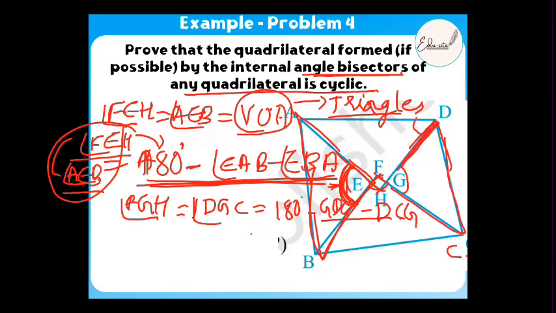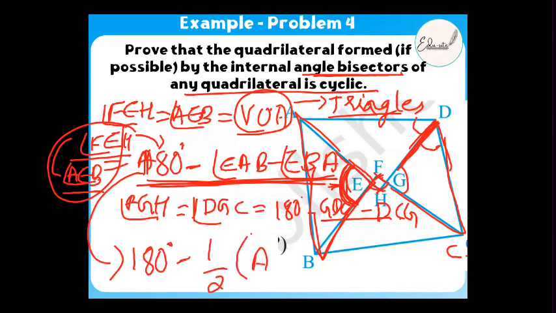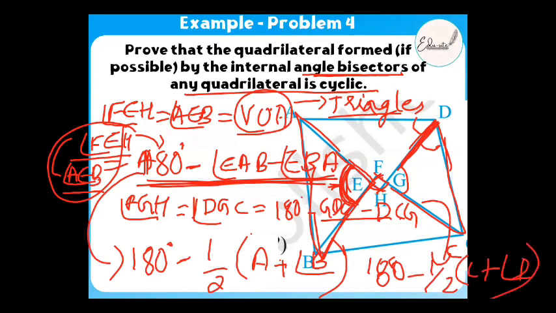Bisectors means they divide each of these angles into equal parts. So instead of the first one, we can write 180 degree minus half of angle A plus half of angle B. So half is taken out. This can be written in this way, and this can be written as 180 degree minus half of angle C plus angle D. Now we add up these two equations.